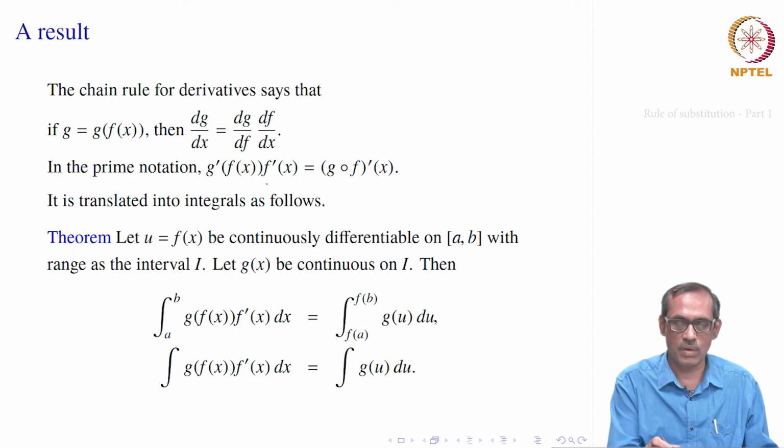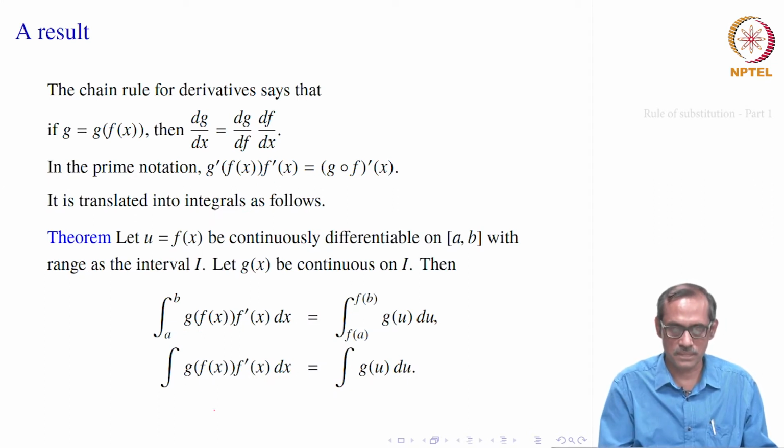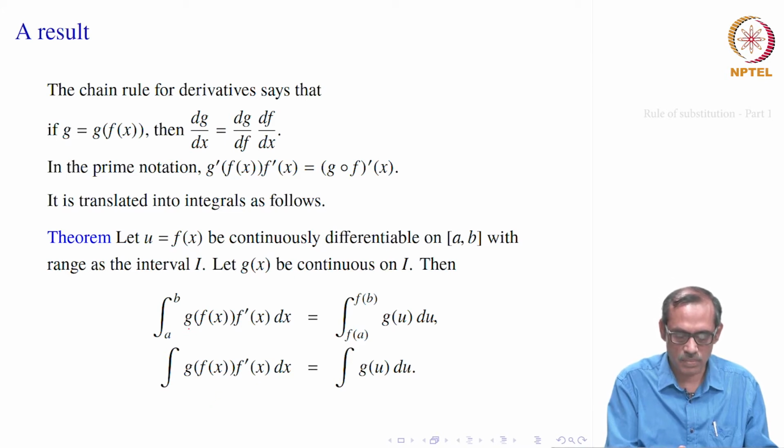Okay. So, now we translate that into integrals. Suppose you look at an integral, the function to be integrated is sometimes called the integrand. So, in this integral, for example, you have the integral from a to b of g of f of x times f prime of x dx.